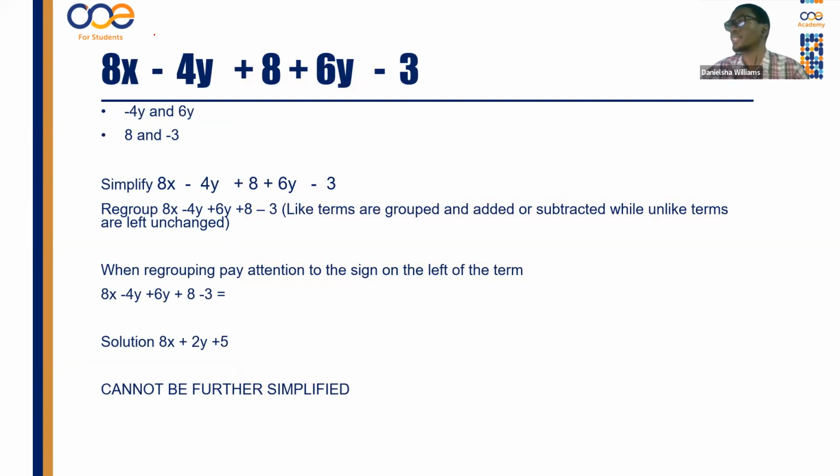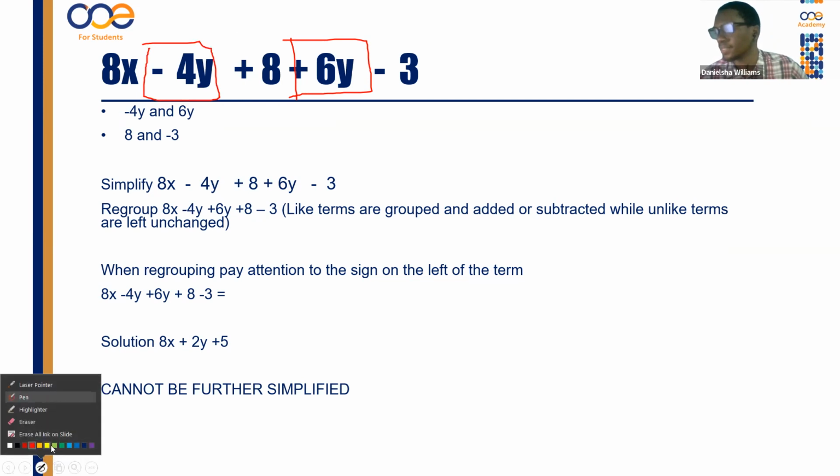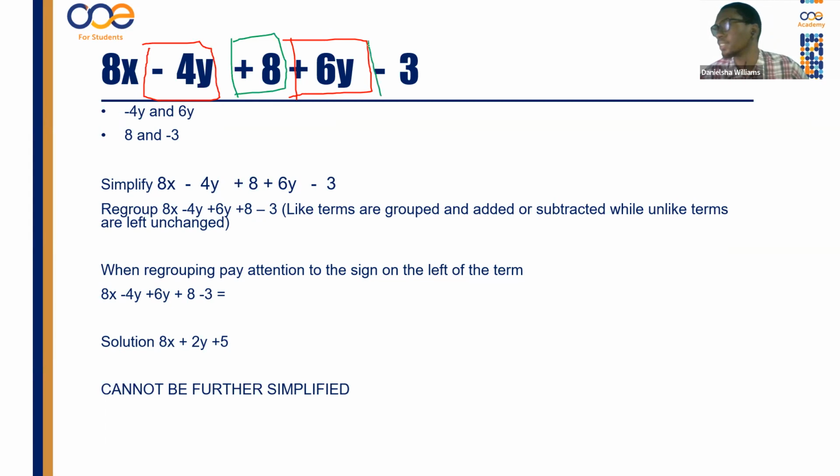As I said before, we have these like terms based on the variable. So we have this and this being like terms, and this and this, and this and this.